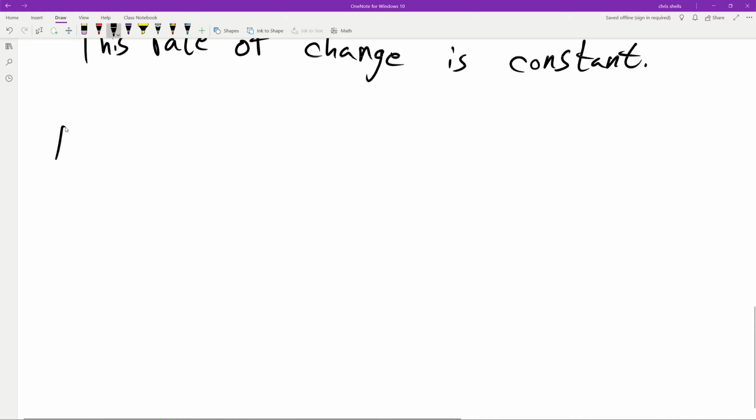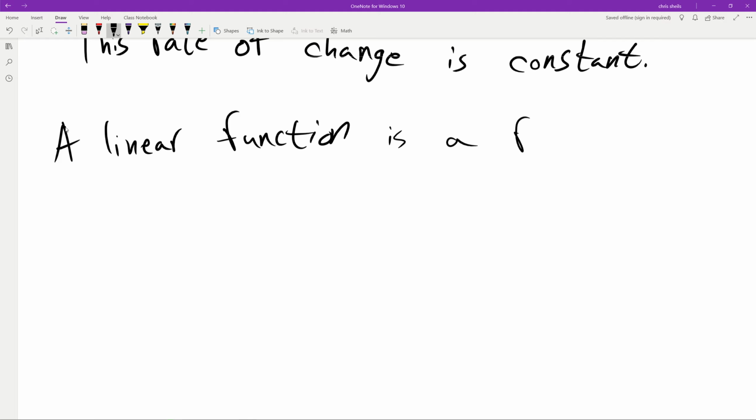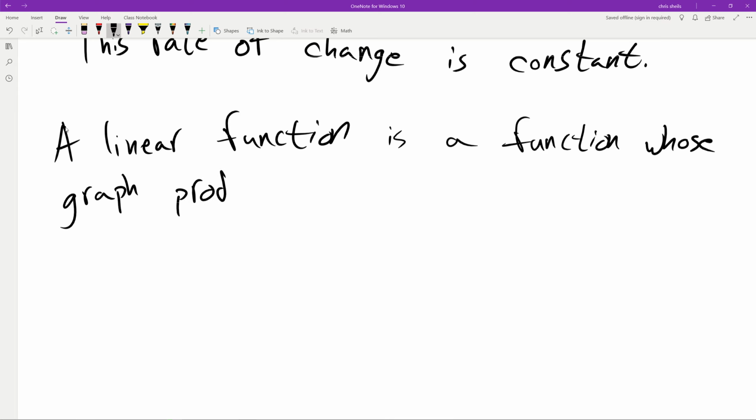So, a linear function is a function whose graph produces a line. Linear functions can always be written in a certain form.